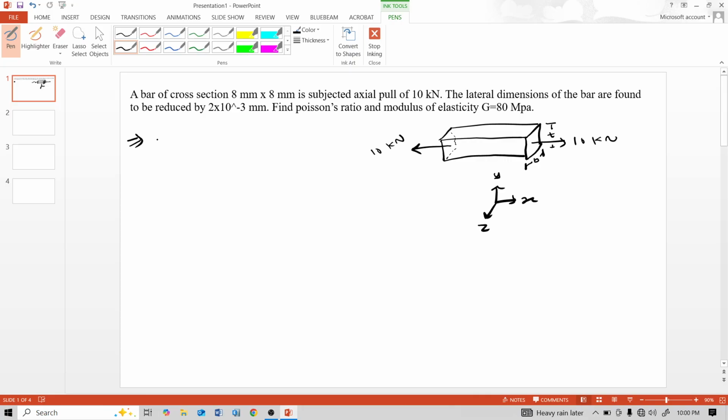First write the given data. Capital A is equal to 8 mm by 8 mm. A means area of that cross section of the bar, 8 mm by 8 mm, 64 mm square.